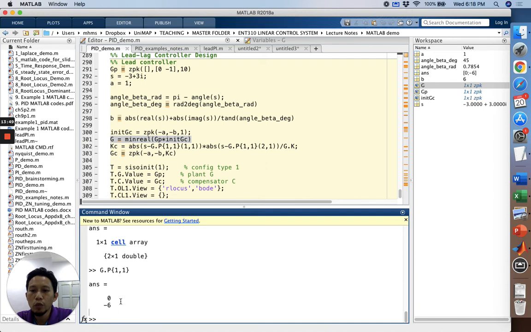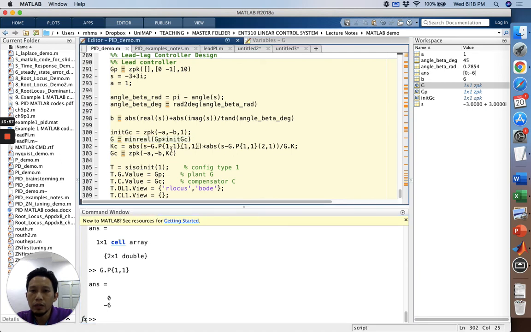Okay, so when we call each of the elements of GP here, we can call by using g.p curly bracket 1,1, and then we have parentheses with 1,1. So we call this, we get 0.